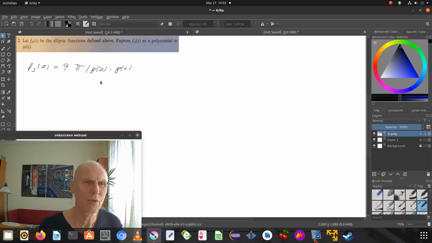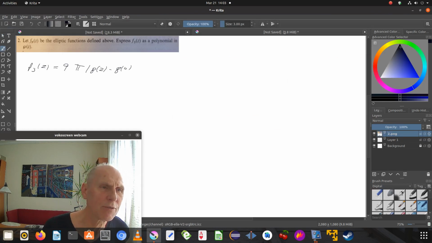So all the points of the basic lattice, where 3 times the points give a lattice point, except 0, where it gives infinity. So I wouldn't like to compute all of these values.